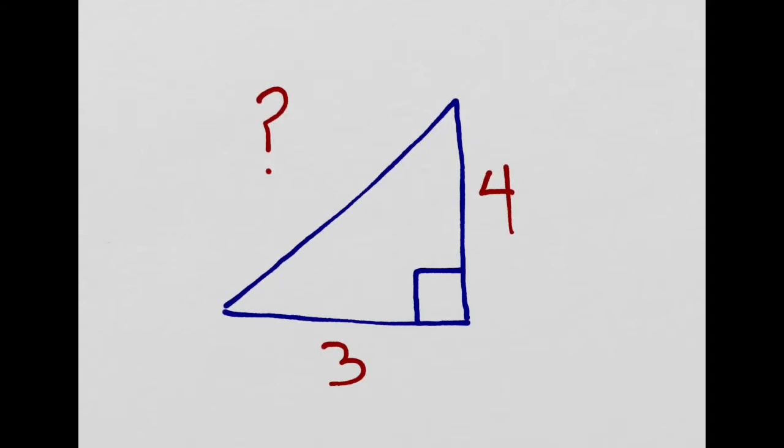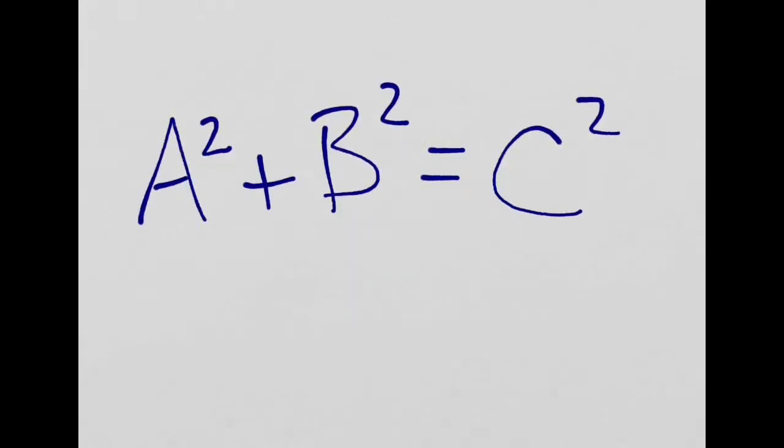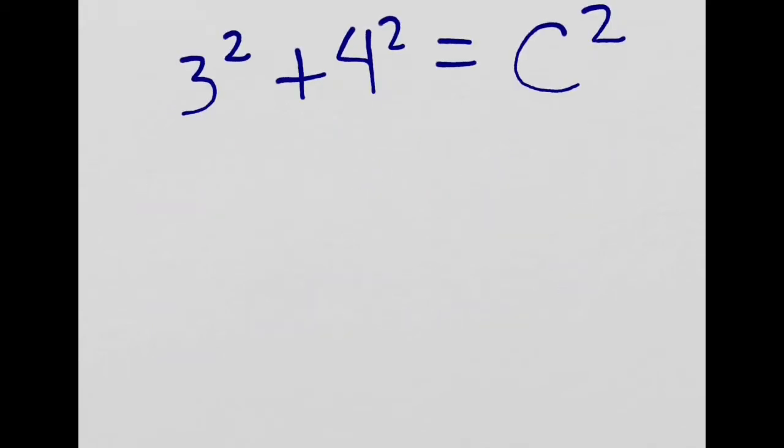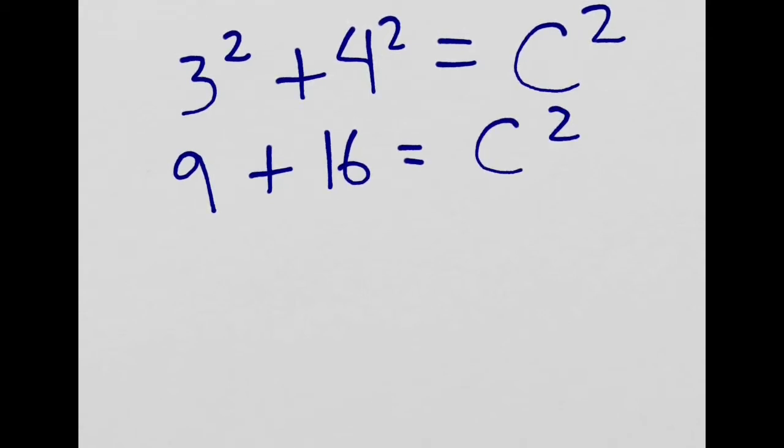This side we'll call A, this side we'll call B, and we're trying to solve for C. If we know that A squared plus B squared equals C squared, I've got 3 squared plus 4 squared is equal to C squared. Let's turn those into numbers we can use: 9 plus 16 is equal to C squared.